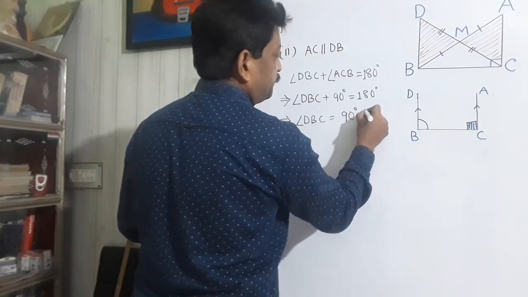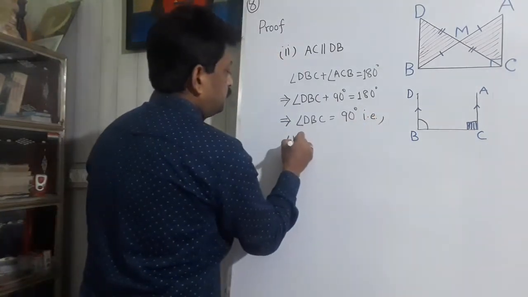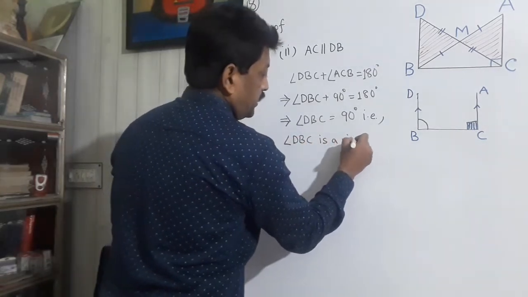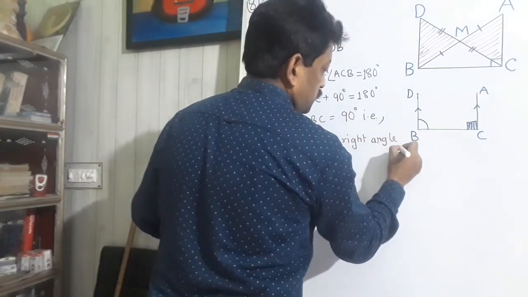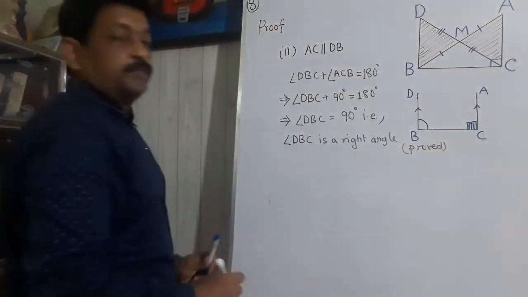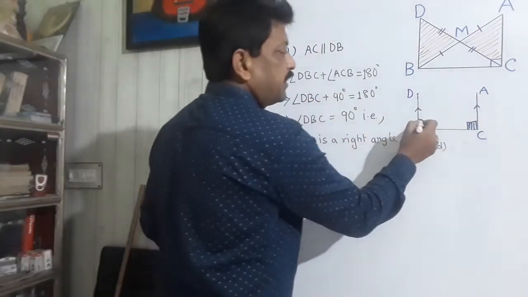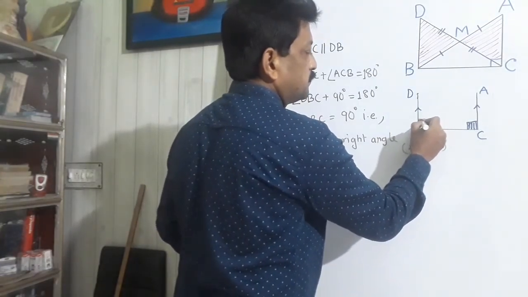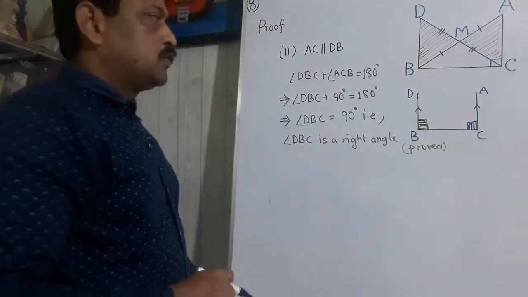That is, angle DBC is a right angle. So this one is also proved. Understood? So the second part of the question is also proved.